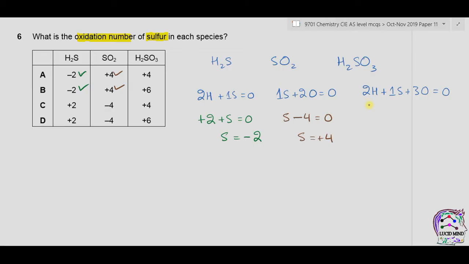In H2SO3 we have 2 hydrogen atoms, so it will become +2, 1 sulfur atom, 3 oxygen atoms. Sulfur - 4 equals 0, so sulfur equals +4. The answer is therefore A.